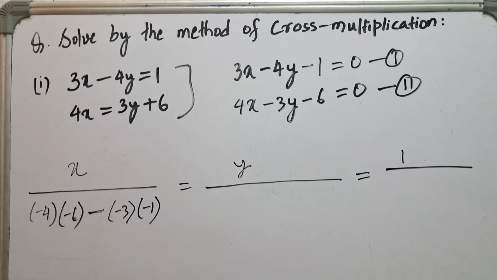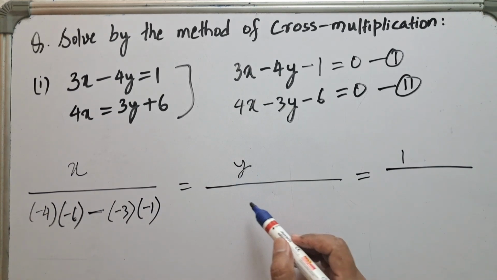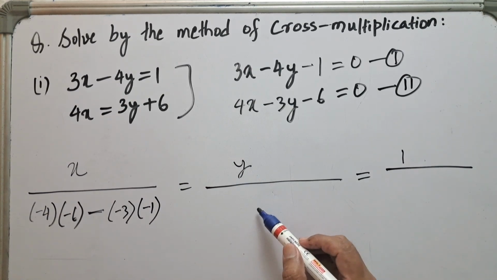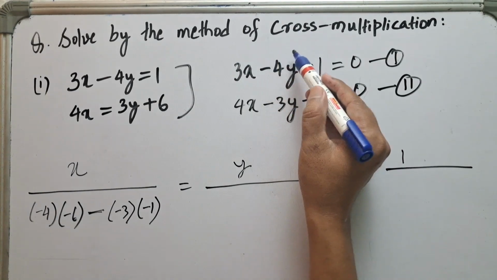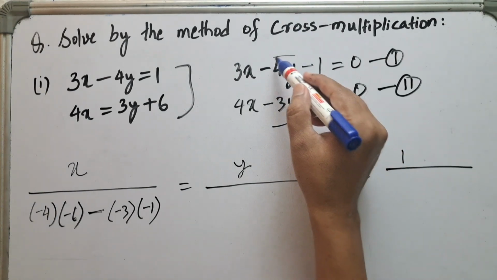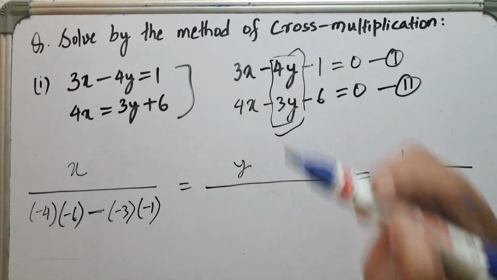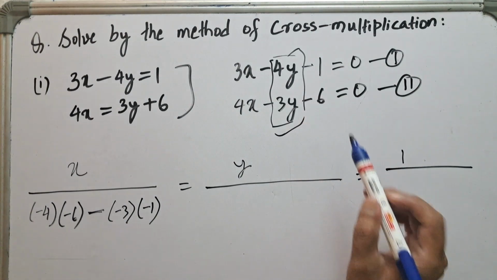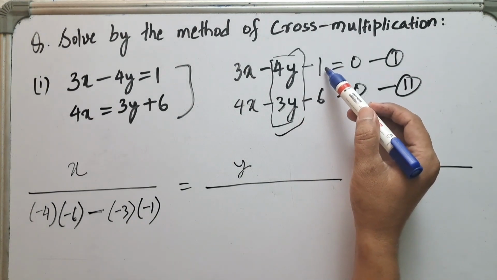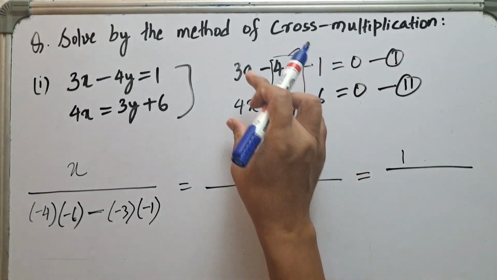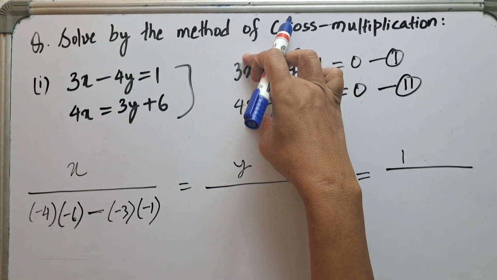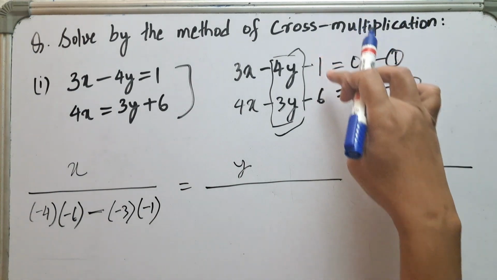After that we write the numbers in the denominator of y. To do this, we have to cover y. When we cover this y, we have this number and we don't have numbers to the right of 1, so we assume the 3x and 4x to the right of 1 and 6.